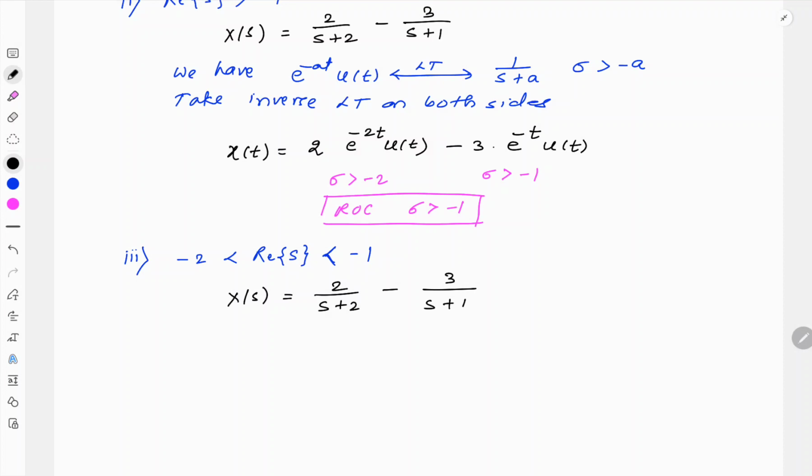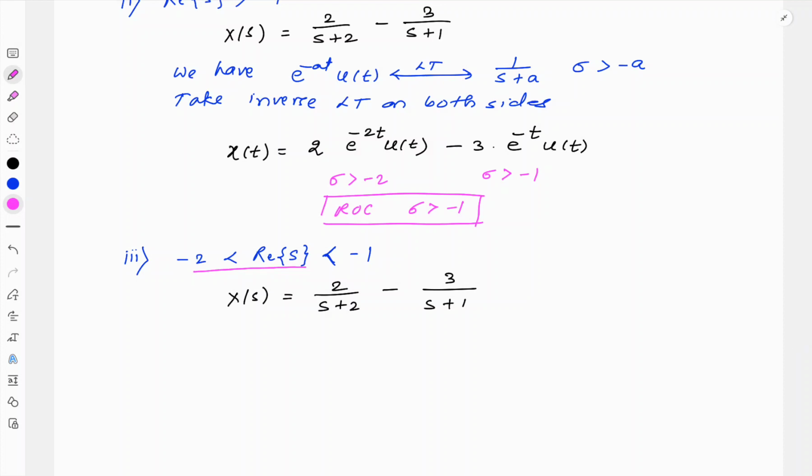Now in this case, we need the real part of s, that is sigma, greater than minus 2 but less than minus 1. So for the first part it is sigma greater than minus 2. So if it is greater than, you have to use the standard equation for u of t.